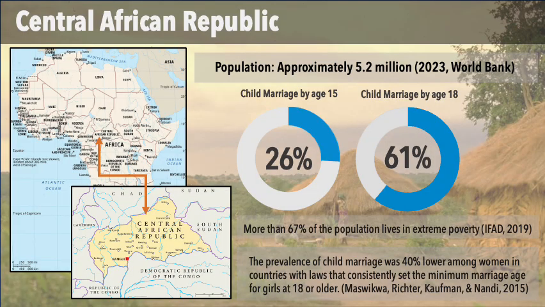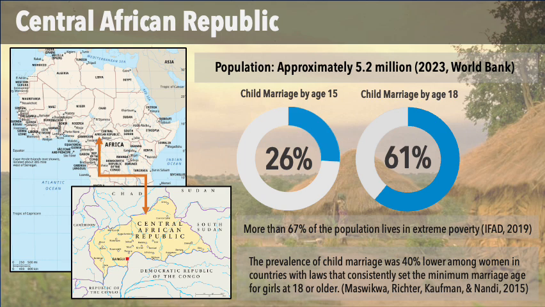Here is just a quick demographic slide to show you the population of Central African Republic. It's approximately 5.2 million, and 26% of girls are married by the age of 15, and 61% of children are married by the age of 18.